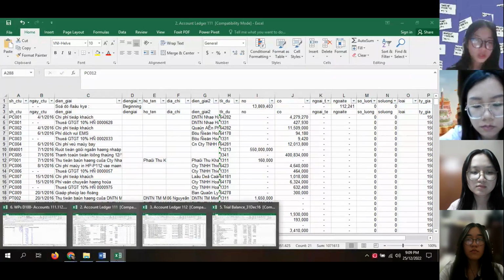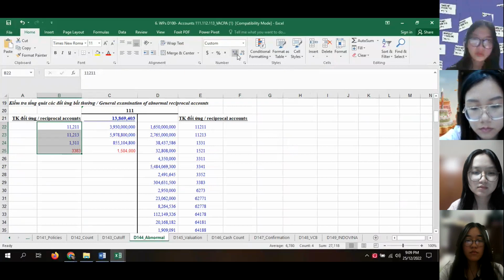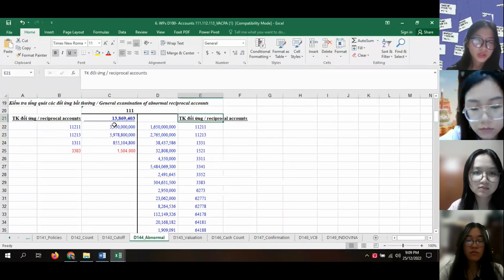We will click the T account to record all the numbers of the accounts. And the amount of this account 111, of course, during the December, used until the December.